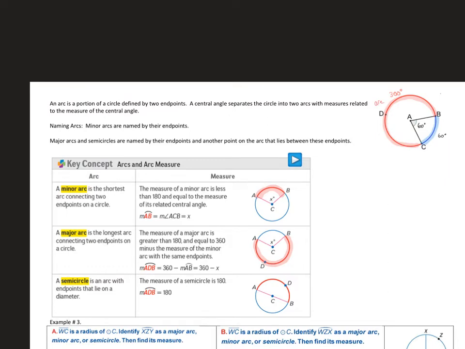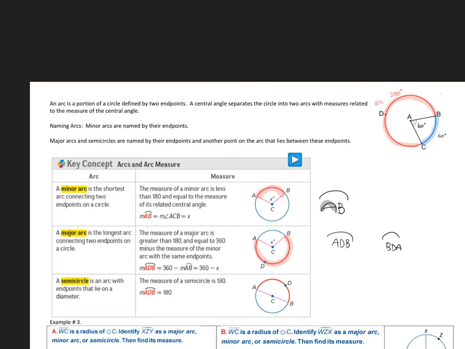So here I have a minor arc, and it is just arc AB. If I was to write that out, that's arc AB right there. If I wanted to name this major arc, I could say this is ADB. That's a major arc. It is also known as arc BDA.